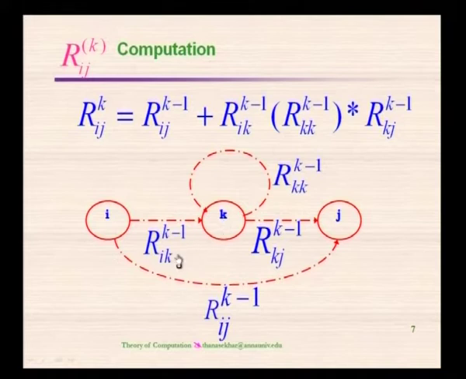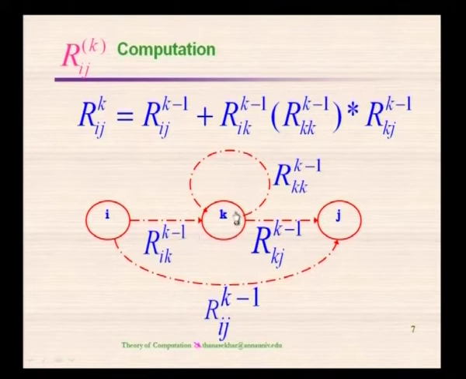In that case, the start state is i and the final state is k. Since k is introduced for the first time, there is no question of having any intermediate state labeled k or more. So, the pattern is described by r i k with k minus 1 as the superscript.